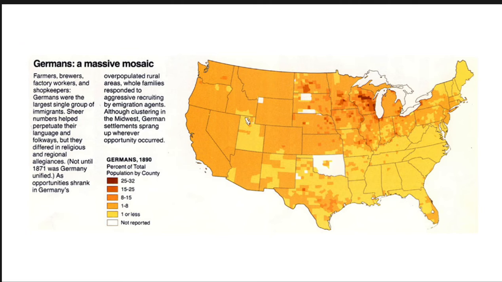So the Germans and the Irish are definitely two groups of people that bring the abolition of alcohol to become a national issue, which eventually does happen. Not allowed to have any alcohol at all at some point. It begins with the Germans and the Irish.